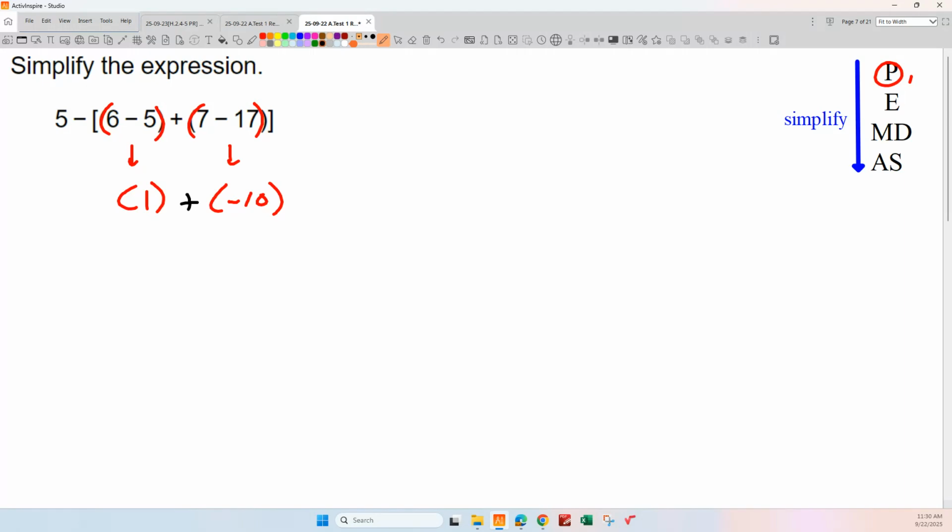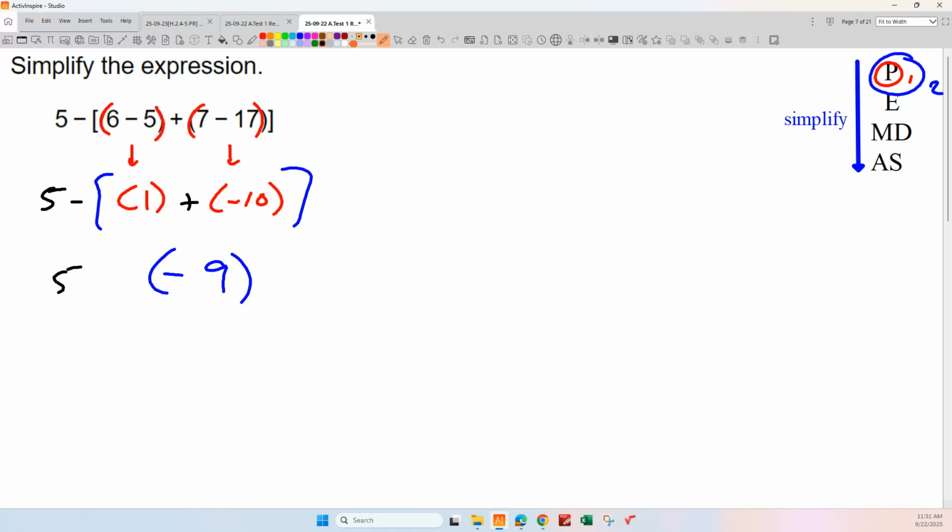And then I've got a plus sign. What's next? Brackets. Okay, so brackets are step 2. Well, what is 1 plus negative 10? Negative 9. And I'm just going to make those parentheses instead of brackets.